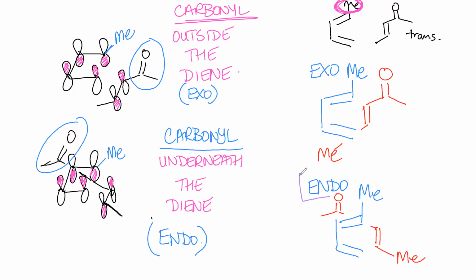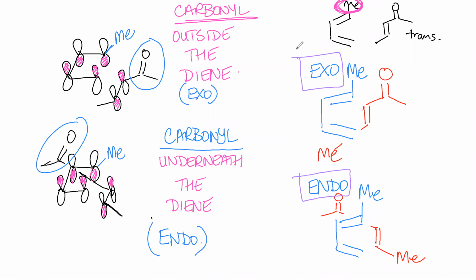So if we ever come across this on a test or something, I'll just ask you to draw the exo and predict the product of the exo, or draw the endo and predict the product of the endo. We won't really worry about which one is favored or not. But those are the two transition states.